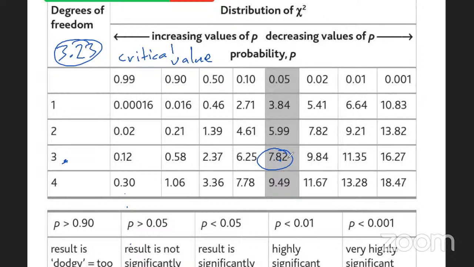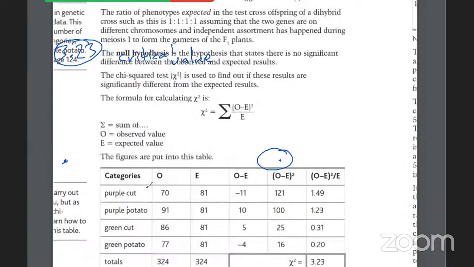If it exceeds, yeah. So the reason for the third one, is it because of the value we got, 3.23? No, the degrees of freedom. To get the degrees of freedom, it is n minus 1, where n is the number of categories, which is 4.